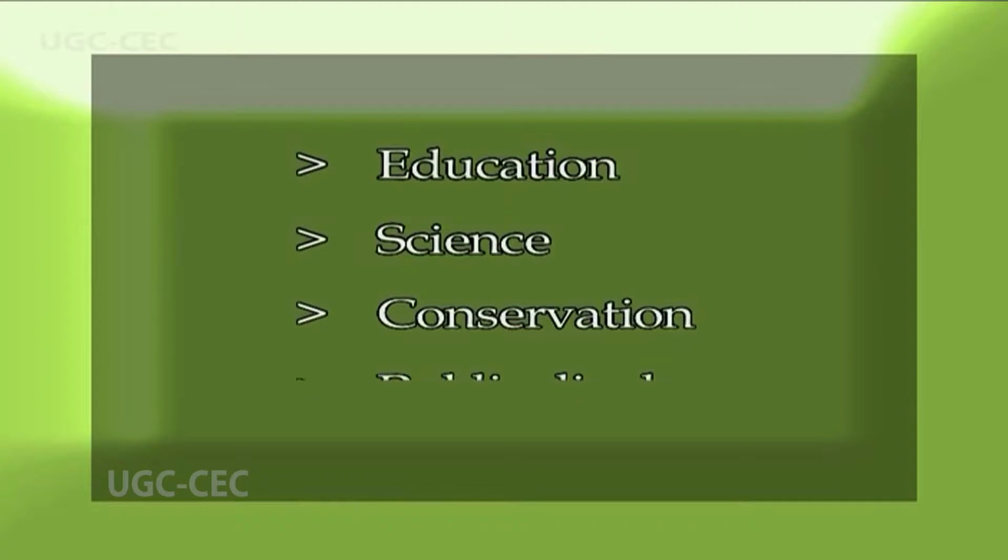Number 11, thematic gardens. These specialize in growing a limited range of related or morphologically similar plants, or plants grown to illustrate a particular theme, generally in support of education, science, conservation, and public display.